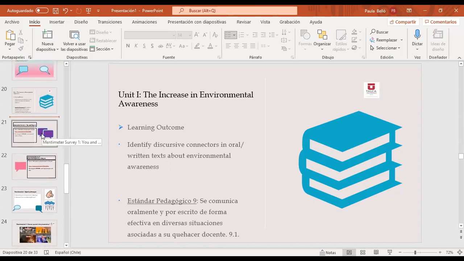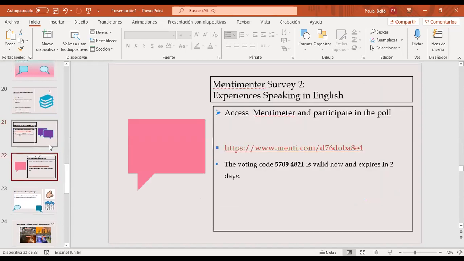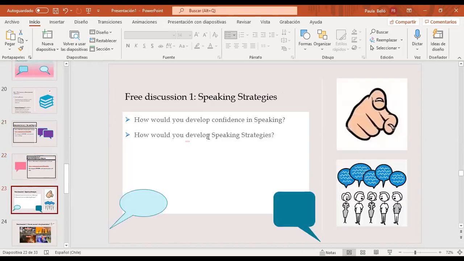So we will have two Menti surveys tomorrow, about learning English and speaking in English. And on Wednesday we will develop more the idea of speaking strategies and how we can develop them. Remember that speaking in another language can be more difficult than speaking in the mother tongue.